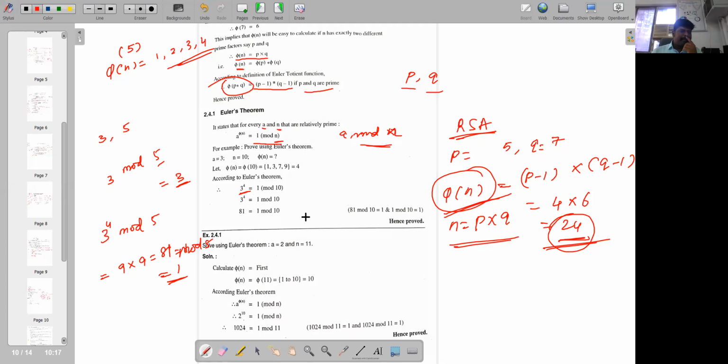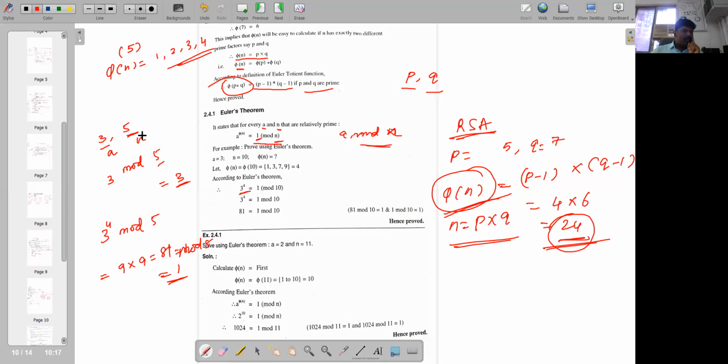Euler's theorem says that if the two given numbers a and n are relatively prime numbers, then a power phi of n is equal to 1 mod n. So the modulus value is going to be 1 only. How can this be proved?